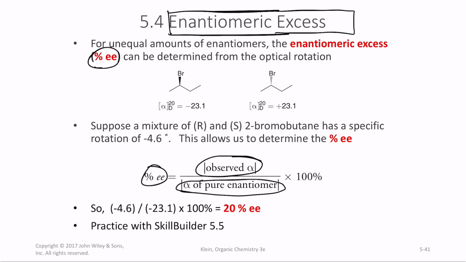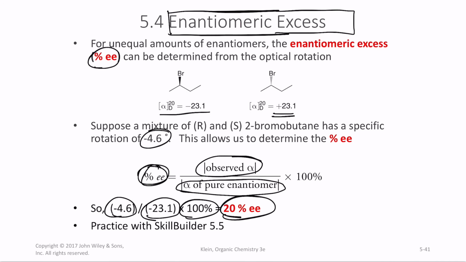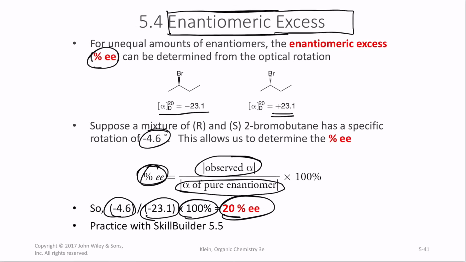For example, when you take the molecule 2-bromobutane, it has negative 23.1 and positive 23.1 specific rotation for R and S, but the mixture has negative 4.6. So you can find out the enantiomeric excess here. The percentage of enantiomeric excess is given by minus 4.6 by minus 23.1 times 100%. That is 20% enantiomeric excess, which means that one of R and S has 20% extra than the other. So that's how we can differentiate enantiomeric excess.